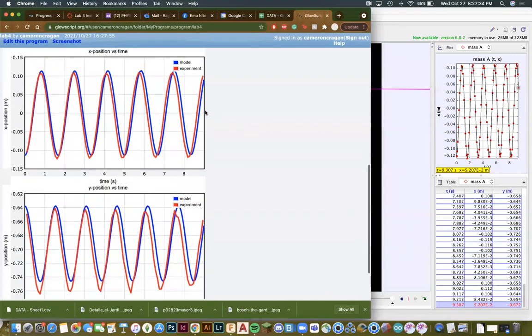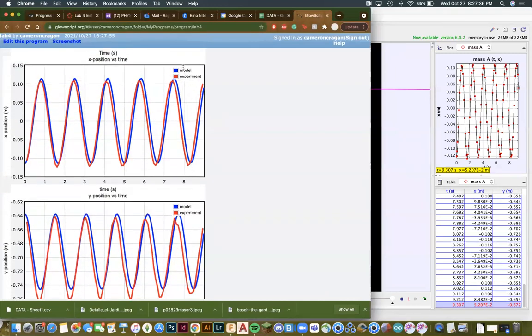And as you can see, when comparing the model data in the blue to the experimental data in the red, there are a few instances where the red does not line up super well, and I think that's just due to human error and when I picked the center of the mass point on Tracker.